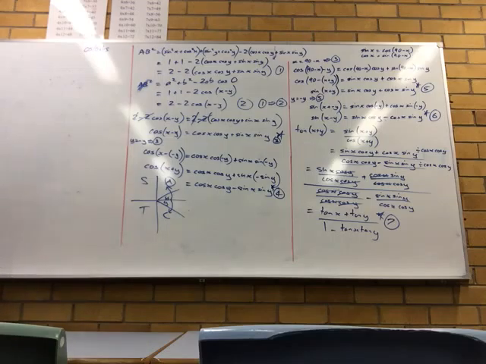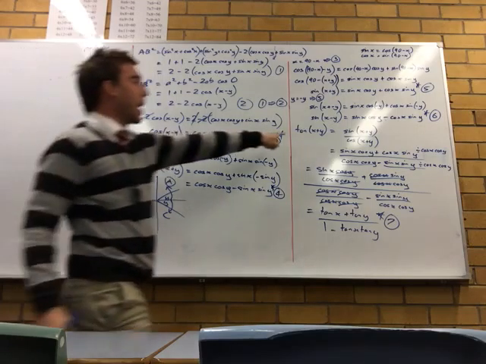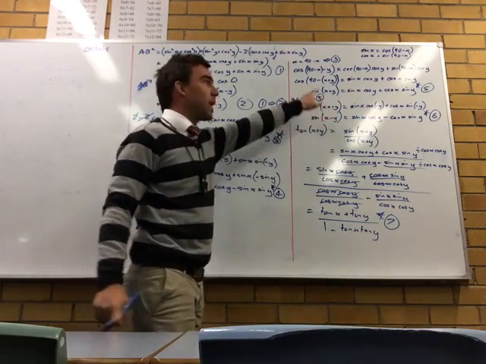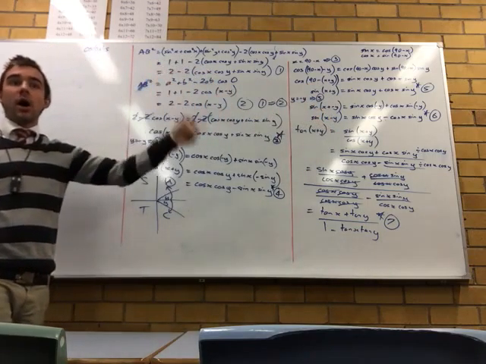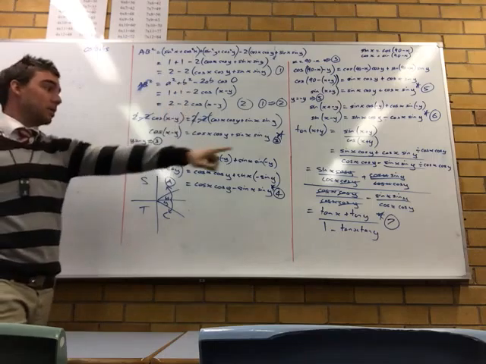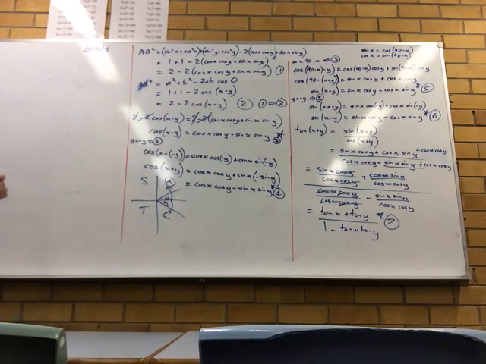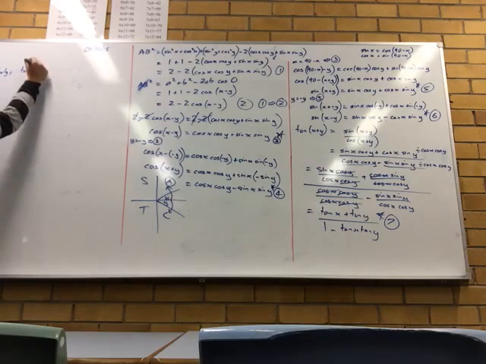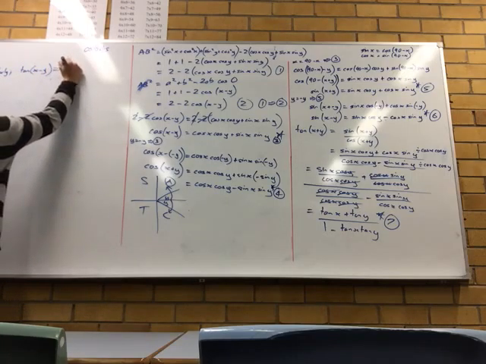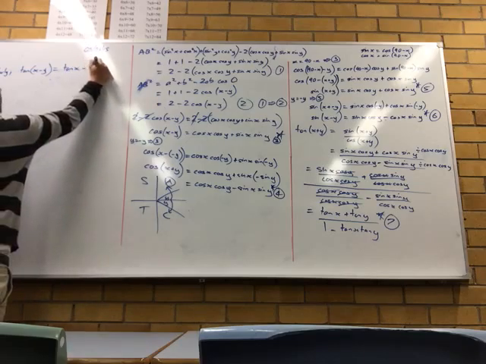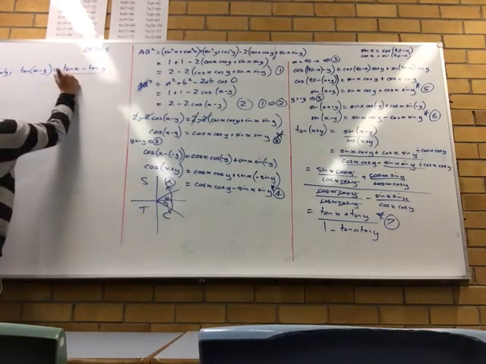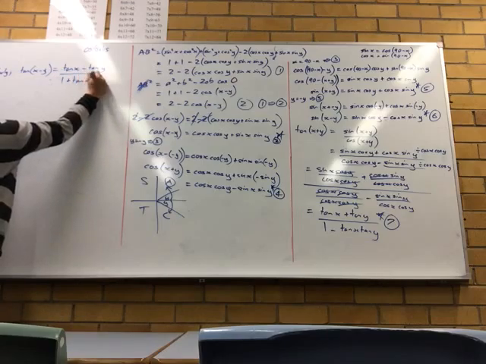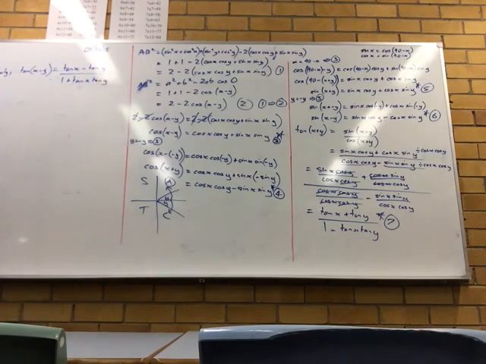Okay, so I'll go to the last one. Tan of x take away y. So you do the same setup. Sine of x take away y over cos of x take away y. Expand it out, divide by the same thing, and then you're going to get a very similar expression. So similarly, tan of x take away y is going to be tan of x take away tan of y over 1 plus tan of x tan y.